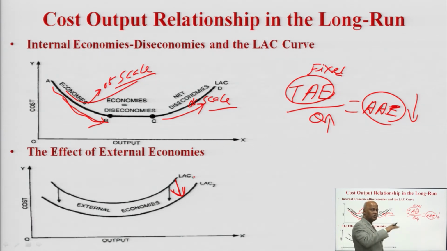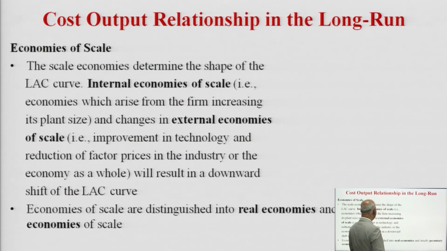The average cost will gradually decrease, and that happens in the LAC, the long run average cost curve, because of the implementation of automation or technological advancement. So, your long run average cost curve shifts downward, and that's happening because of this.